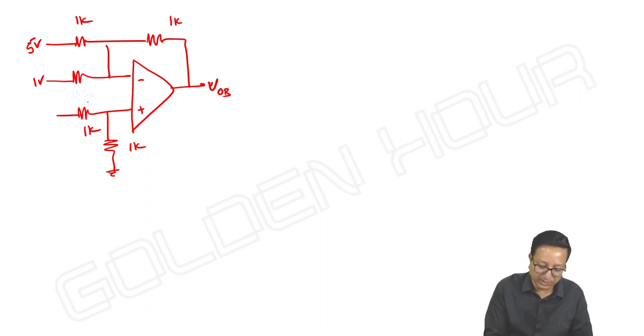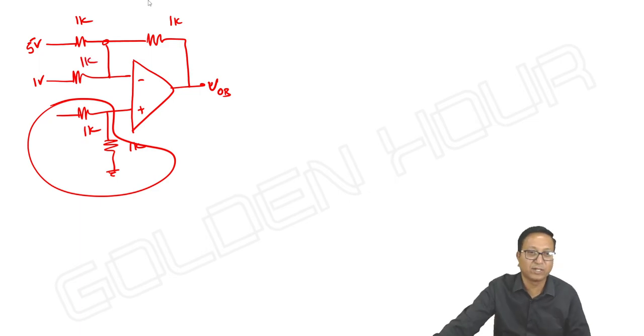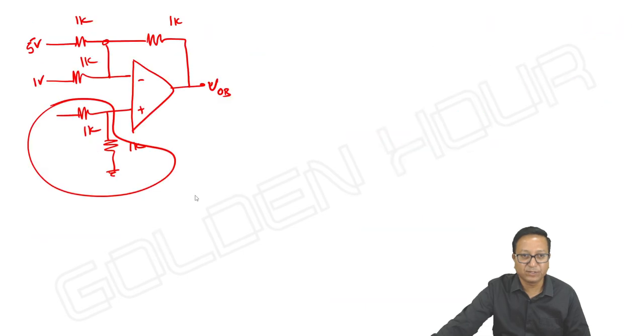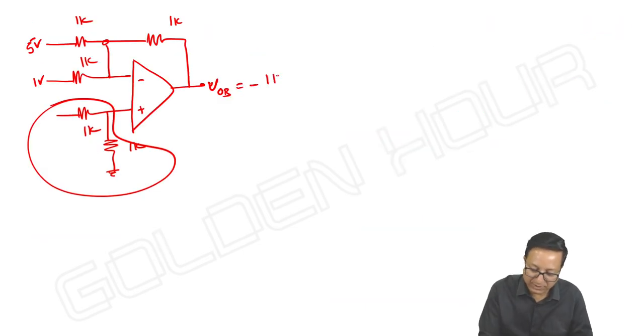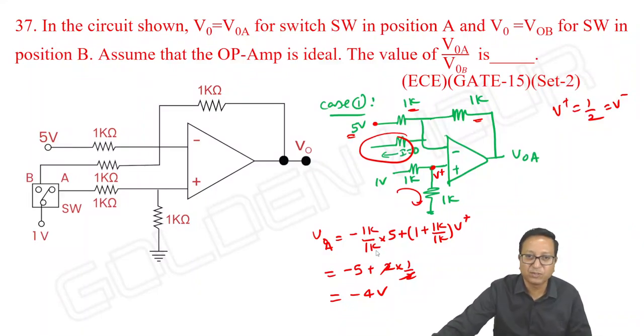Here this is 1k, they do not play any role, we need not worry about it. So now it is like a simple adder circuit, we studied this, all the resistors are equal. So what is the output? It is minus 1k by 1k, anyway equal, directly I can write minus of 5 plus 1, inverting adder circuit, minus 6 volts.